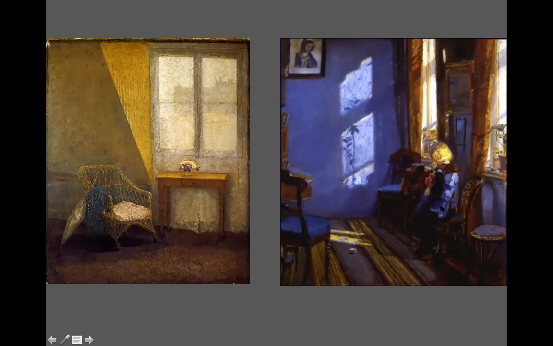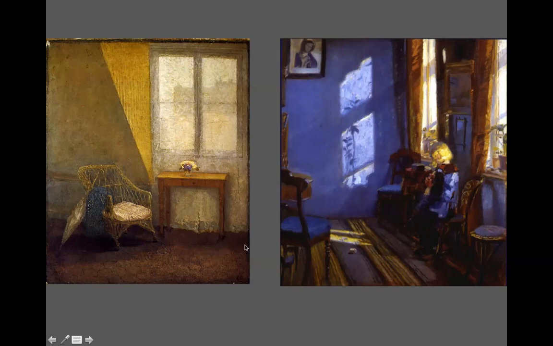So we know the painting on the right is direct sunlight, right? Because of the clarity of the shapes of light compared to the clarity of the shapes of shadow. Where the painting on the left, we don't have that same clarity, right? We have what we would call a diffuse light. So we have a shape of light on the floor, but it's a diffuse light. It's not that sharp, clear light of sunlight coming in a window.